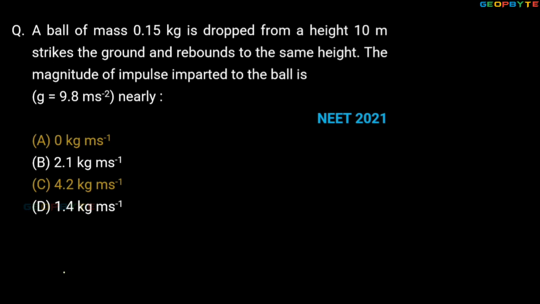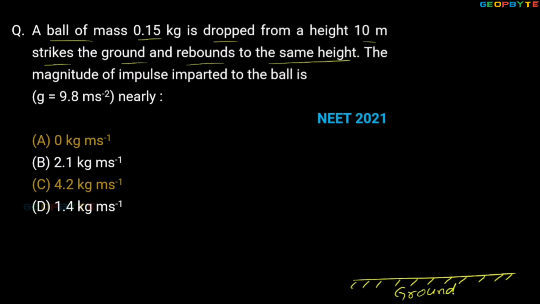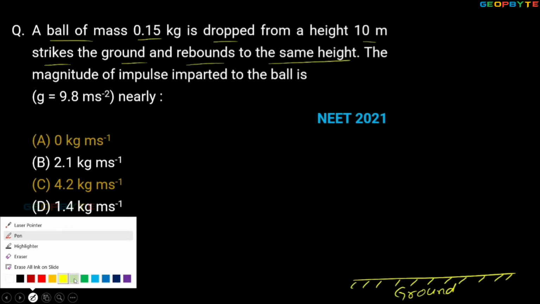Let us take another important problem. A ball of mass 0.15 kg is dropped from a height of 10 meters, striking the ground and rebounding to the same height. Let us take the ground. This is the ground. A ball is available.